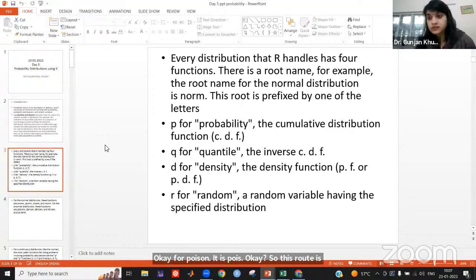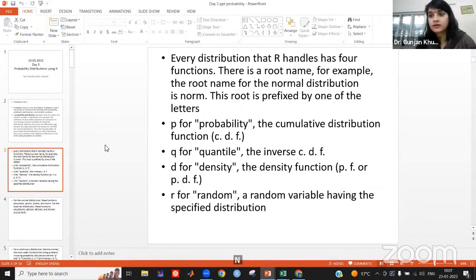If we have to calculate the cumulative distribution of the normal distribution, then we'll use pnorm, with norm prefixed by the letter p.